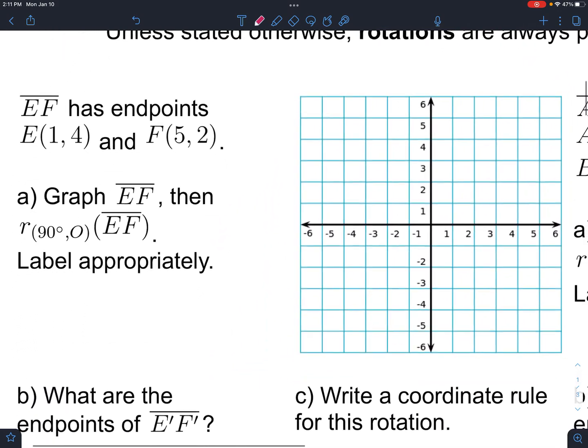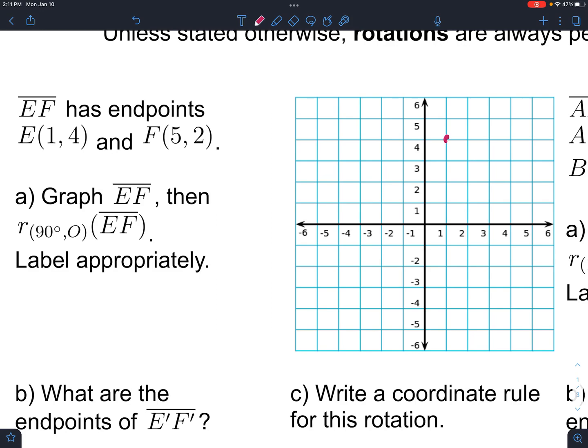Let's practice this now. So let's go ahead and plot E and F. And we are looking, see what the notation says here, to rotate this 90 degrees around the origin. So I'm going to draw my L shape coming from the origin up to E. And then I'm going to rotate this 90 degrees, trying to keep all the lengths the same.